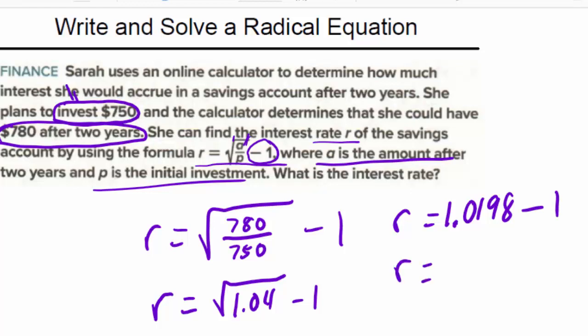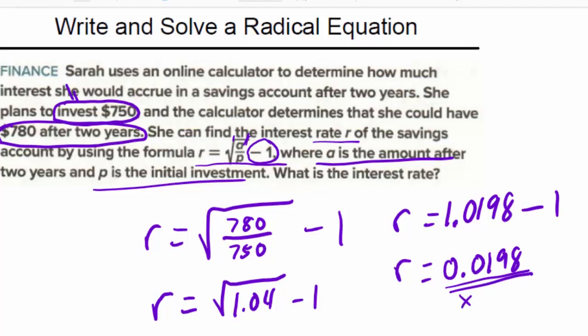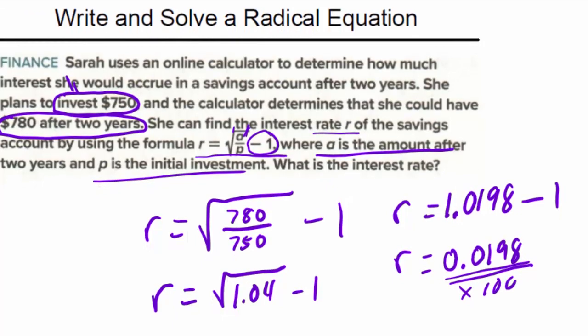So R, the rate, is going to equal 1.0198 minus 1, which gives me 0.0198. And this is actually the decimal equivalent of the interest rate. So if we want to turn it to a percent, you just multiply it by 100, and you can see we end up with 1.98% as the interest rate.